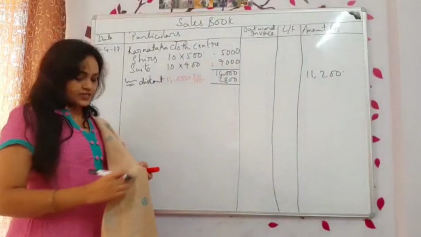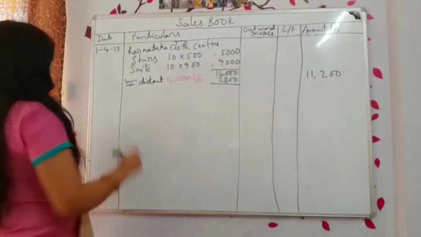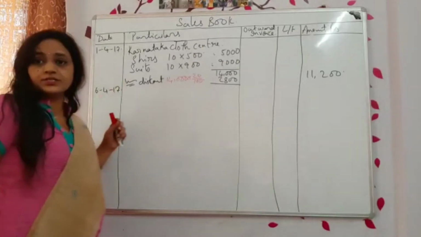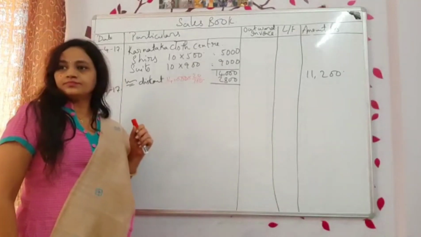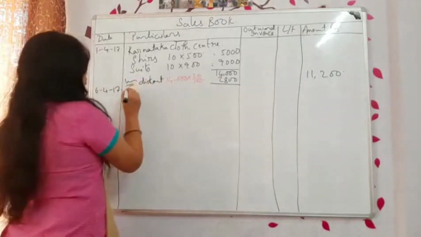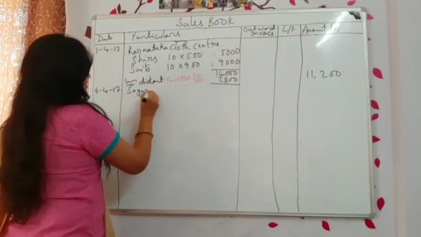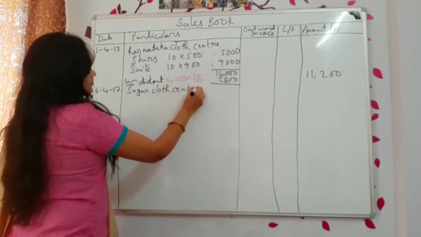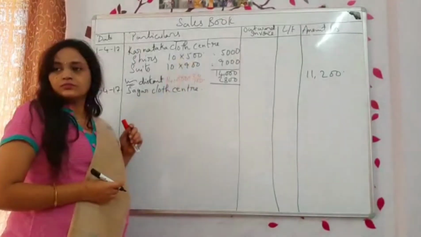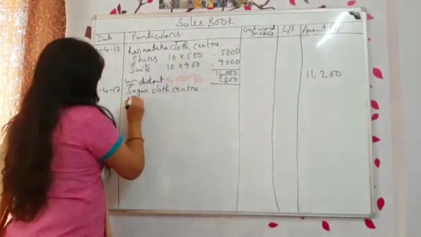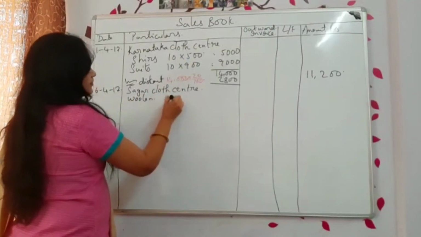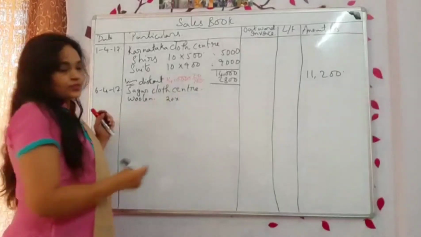What is the next transaction? 6/4/2017. Sold to Sagar Cloth Center. So write down Sagar Cloth Center first. What did we sell? 20 meters of woolen cloth at 50 rupees per meter.